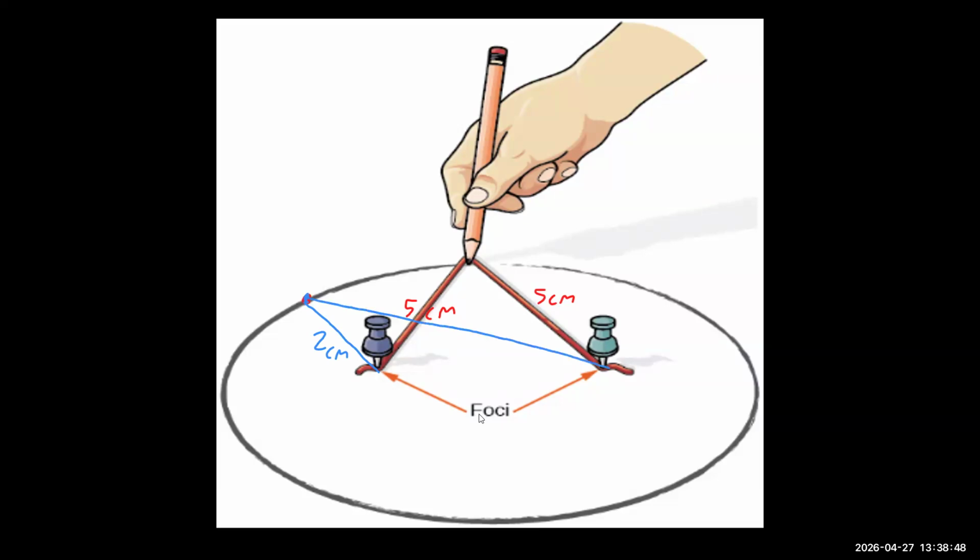If it's only 2 centimeters from that one, the string has to stay the same. So 2 plus what makes 10? Well, this would be 8 centimeters. The original string was 5 and 5, which made 10 centimeters. So the point being that anywhere on the outside of my ellipse, if I add the distance from that point to the 2 focus points, it's always going to give me the same number.